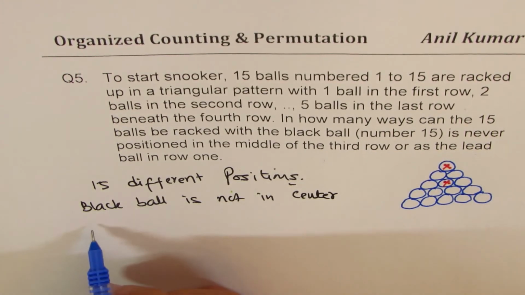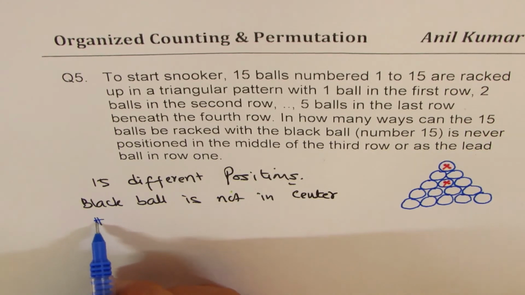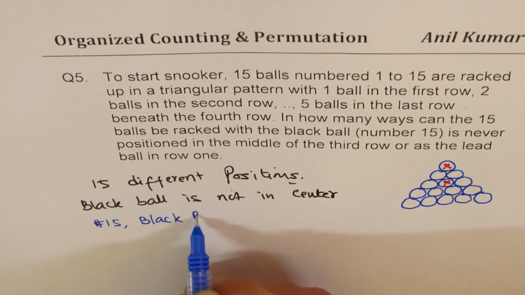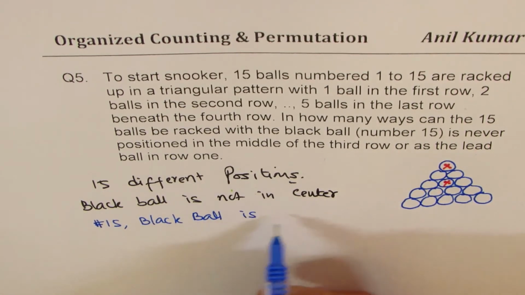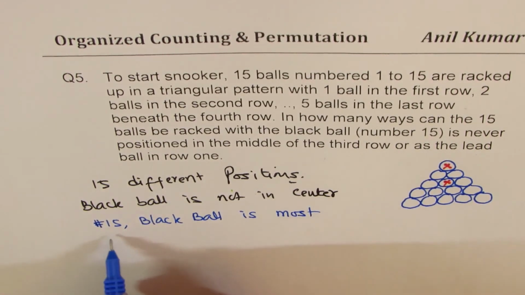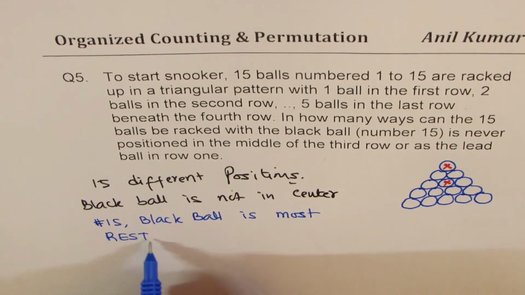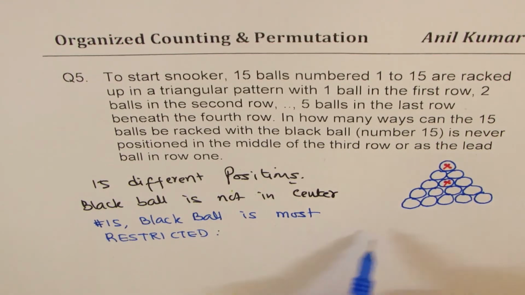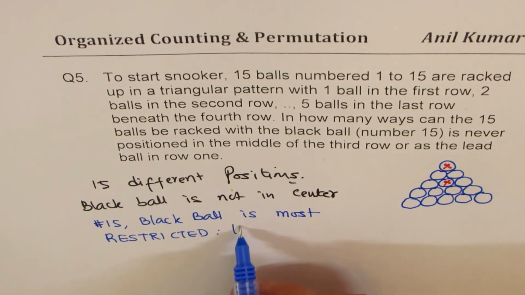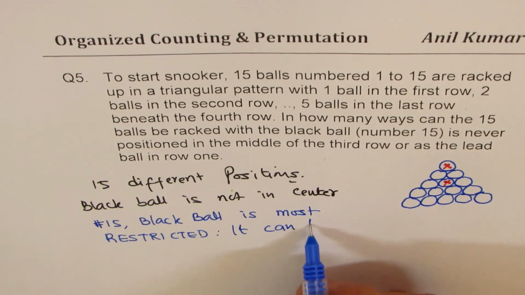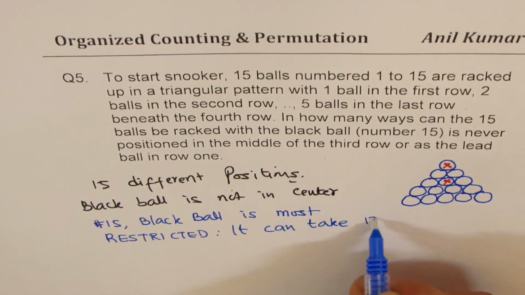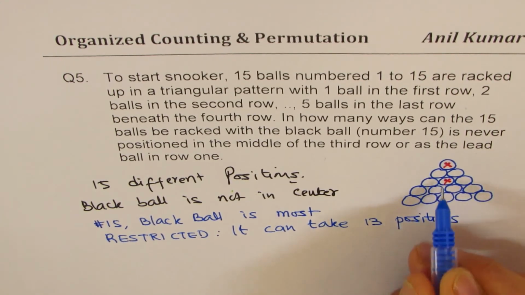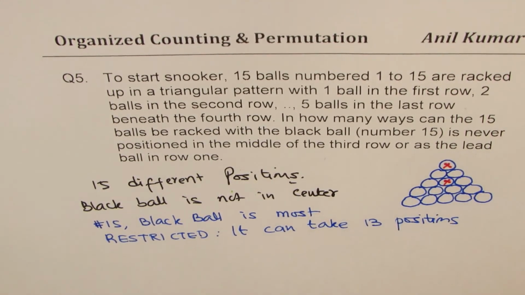As you notice, we see that number 15, the black ball, is most restricted, right? It can take only 13 positions, right? We have two restrictions, right? So it can take 13 positions.